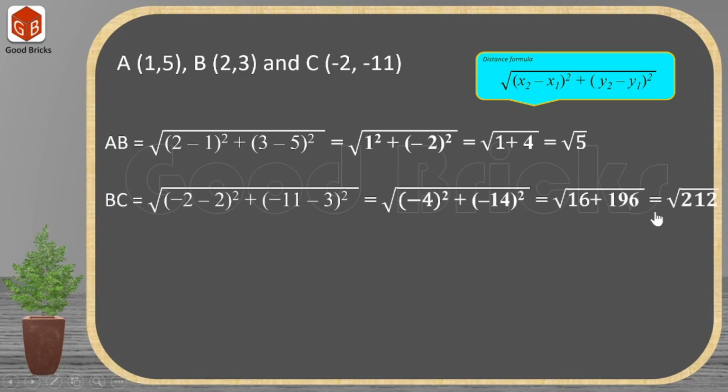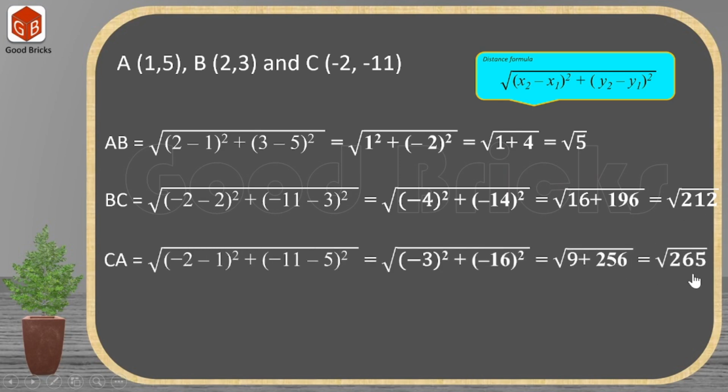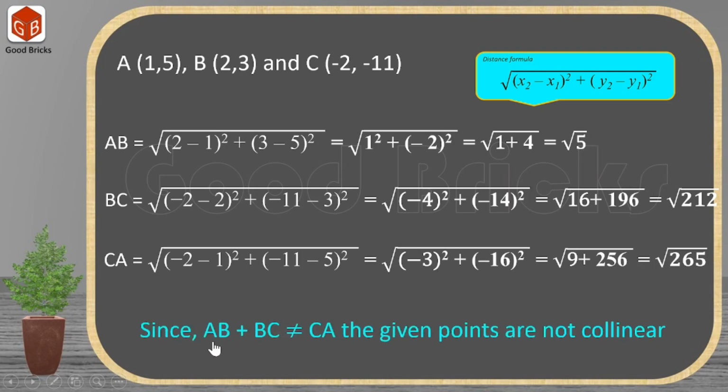BC, you will get root of 212 and CA, you will get root of 265. Now if you add AB plus BC, meaning root 5 with root of 212, you will not get root 265. It means AB plus BC is not equal to CA. Hence these 3 points are not collinear.